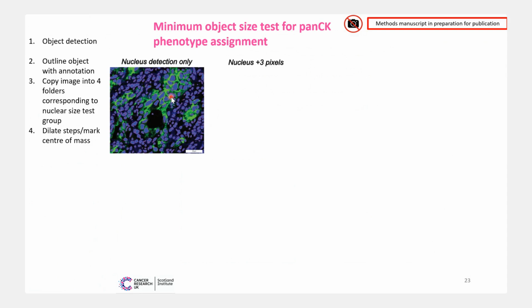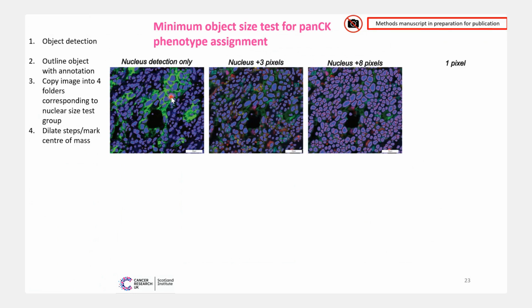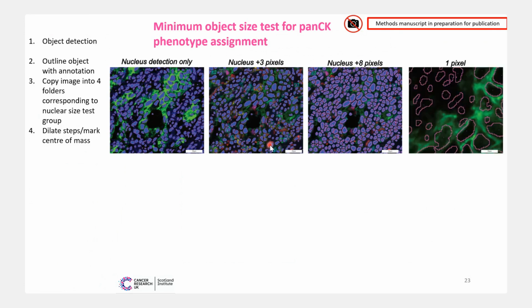So we had nucleus plus 3 pixels, so we dilated the nucleus by 3 pixels. We dilated the nucleus by 8 pixels to try and generate a whole cell label, and the 1 pixel test group. So you can see here that, again, we dilated by 3 pixels, 8 pixels, and I don't know if you can see it quite clearly, but in the middle of each pink annotation, we've got a 1 pixel spot, and the blue spot is a label.